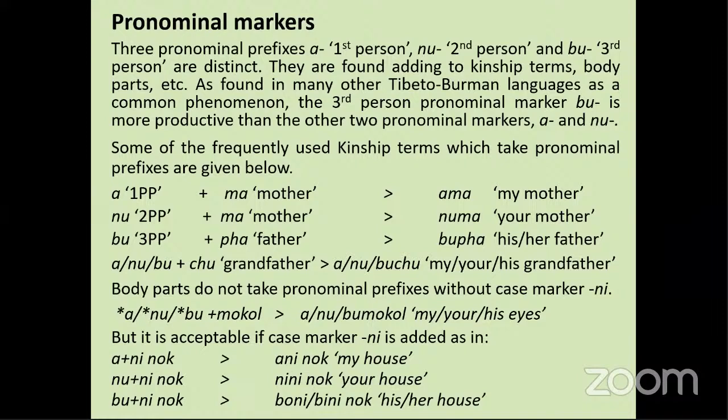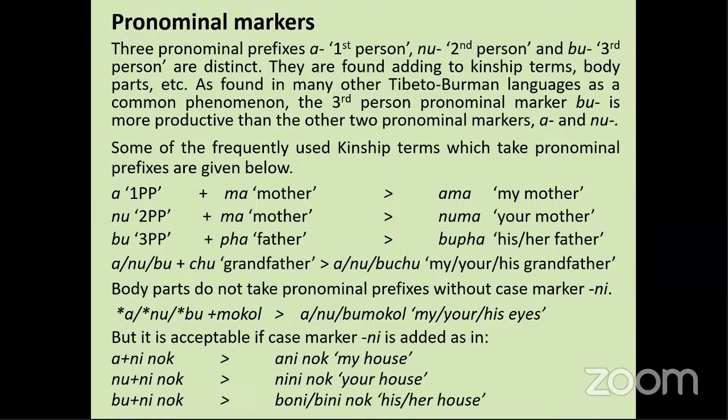Of these three pronominal markers, the third person bu is more productive than the other two, as found in many other Tibeto-Burman languages also. So we can see some of the kinship terms which can take pronominal prefixes very frequently in the language. For example, a plus ma, ama, my mother; nu plus ma, numa, your mother; bu plus fa, bufa, his or her father.